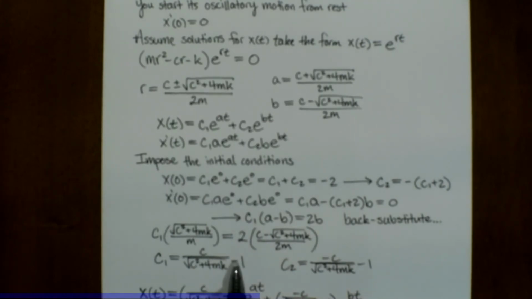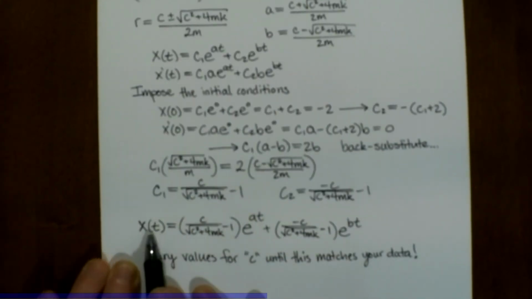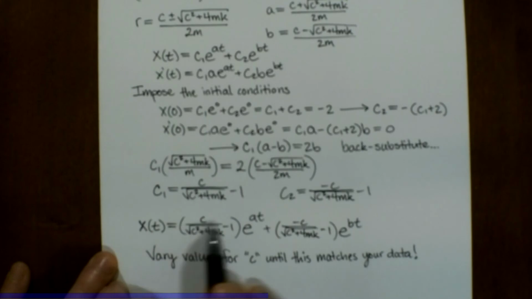Substituting c1 and c2 into our expression from before, we can now see that we have a function for x of t in terms of c. So it's c over the radical minus 1, and that quantity times e to the at. And remember, from up here, a is given by this, and we know everything except for c.